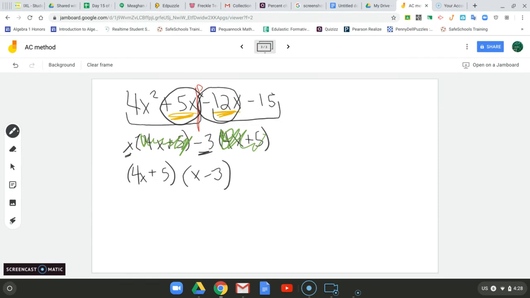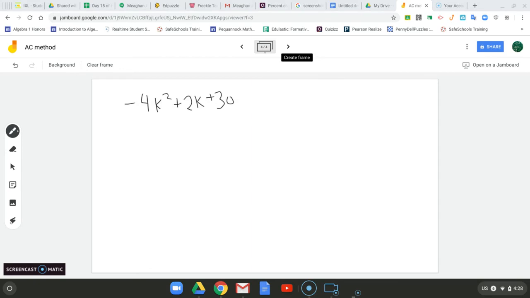Okay, here's another example. Hopefully you could see that there's a GCF. So the first thing we're going to do is take that GCF out and factor out a negative 2. If we take a negative 2 out, that will leave us with 2k squared minus k minus 15.